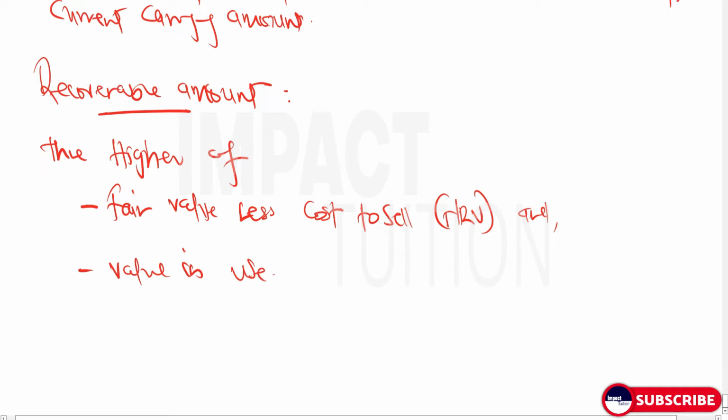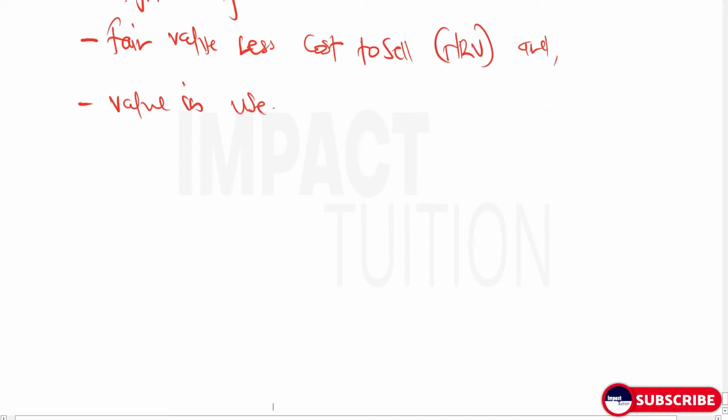So an impairment exists if the carrying amount is greater than the higher of fair value less cost to sell and value in use, which represents the recoverable amount. We will explain each of these.